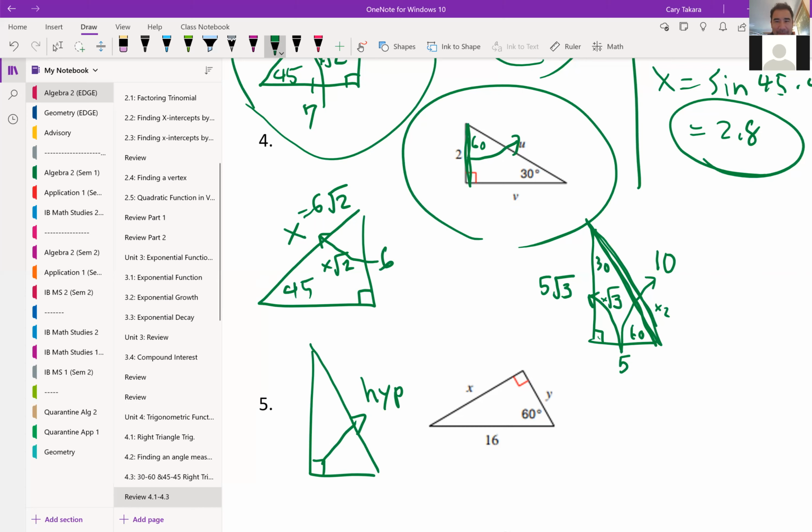So it's 2 times 2, which is 4. You didn't even need to set up SOHCAHTOA to do that, right? And then what is V then? Well, you're going to multiply by square root of 3. So it's 2 times square root of 3.